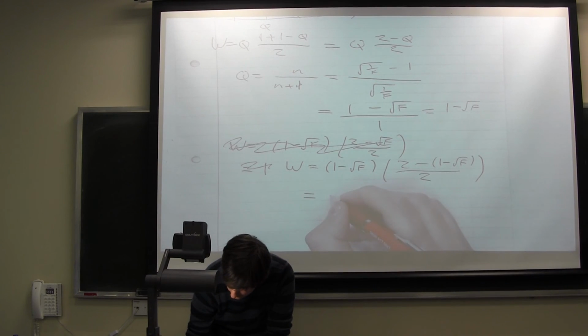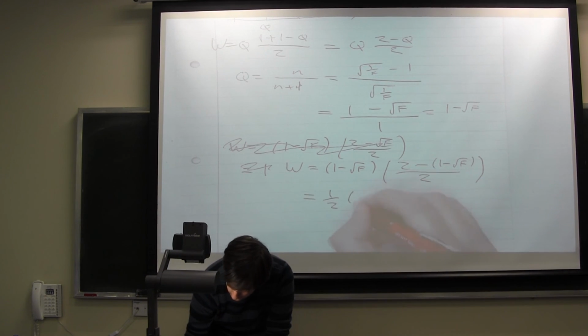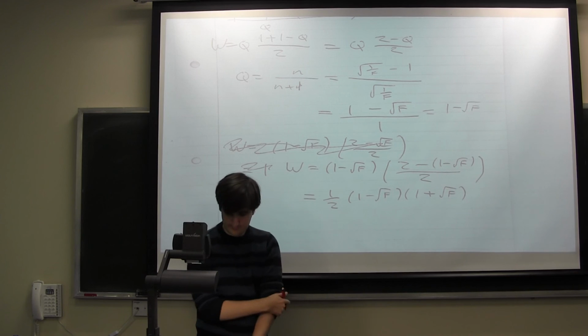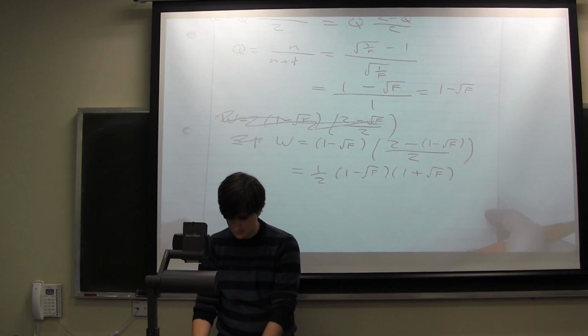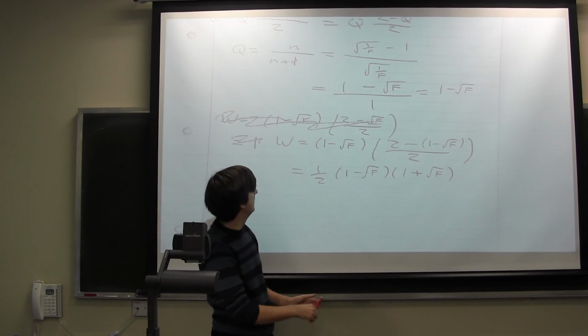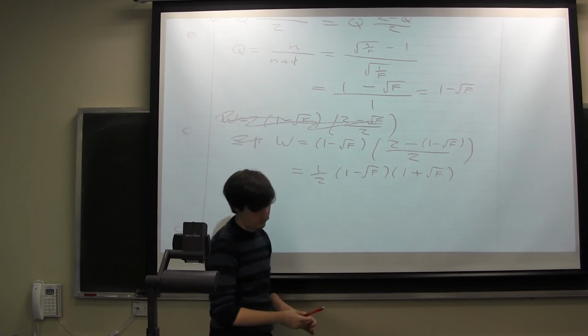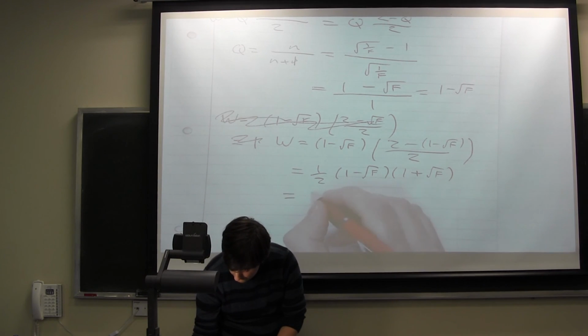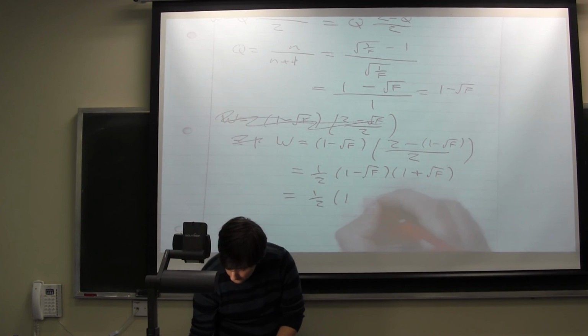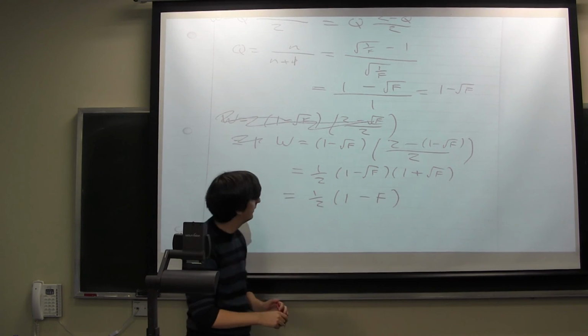So it's half times 1 minus root f times 1 plus root f. Happy? So 1 minus root f times 1 plus root f is 1 minus f, isn't it? Half times 1 minus f.